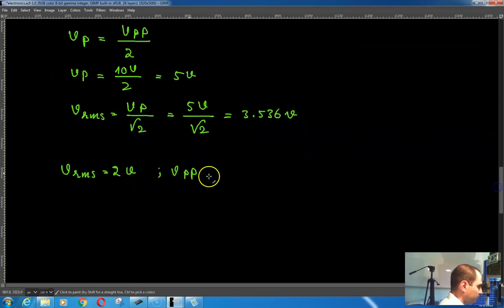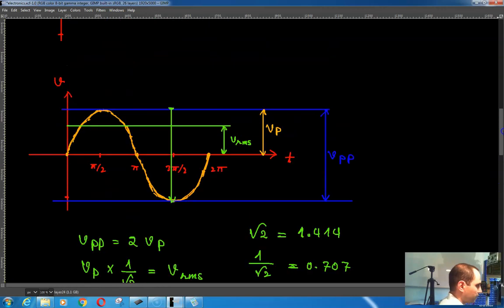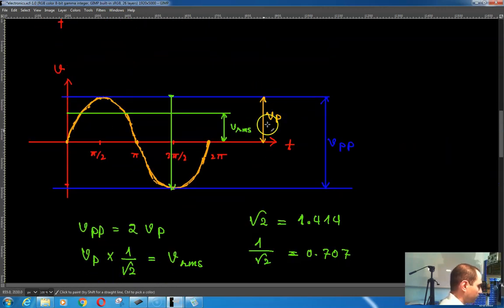So I multiply this RMS voltage, V of RMS, times square root of 2, and that is going to give me V of P. And then if I multiply this V of P by 2, meaning that I calculate twice this peak voltage, that gives me the peak to peak voltage over here, which is what I'm looking for.